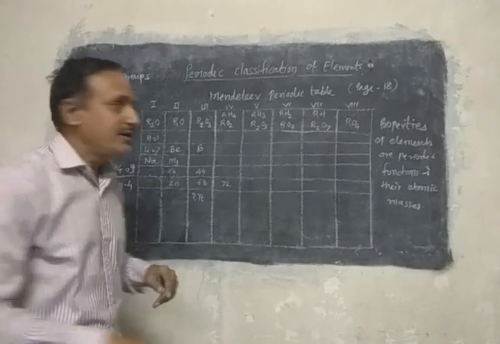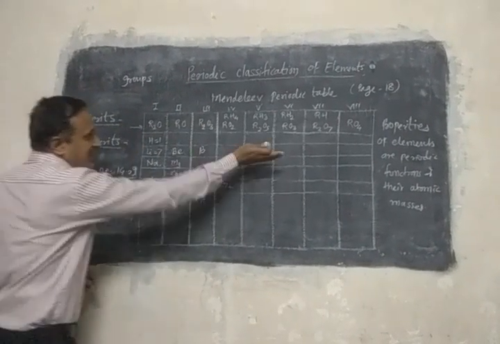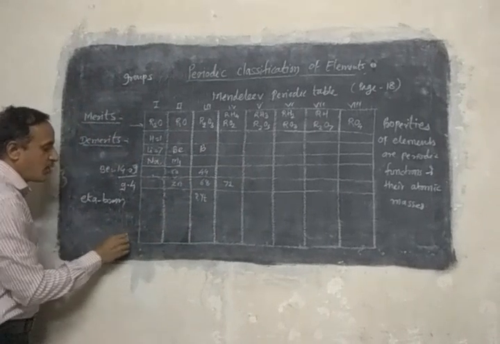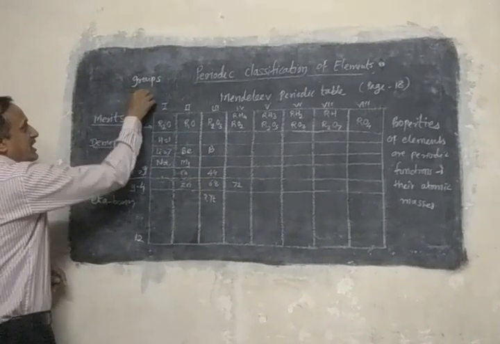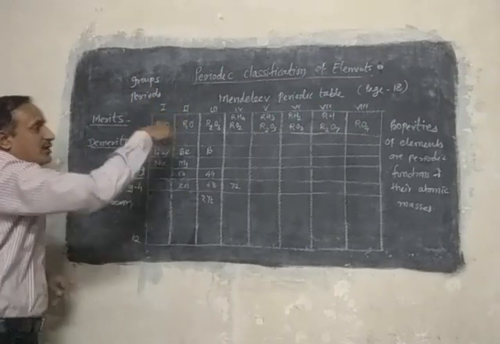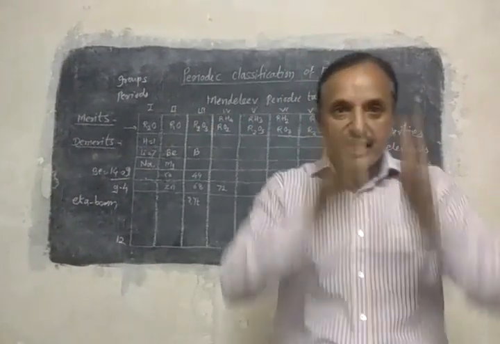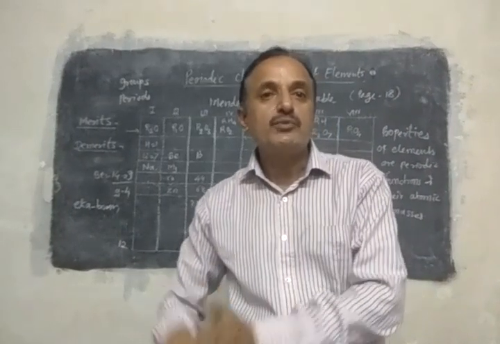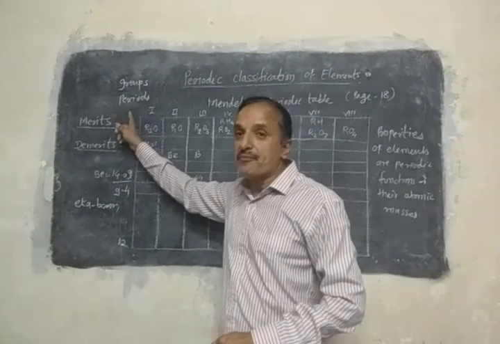And there are rows in the table; like this, there are 12 rows in the table. Those rows are called periods. So in that table we have groups and periods. Vertical columns are called groups, while the horizontal rows are called periods.